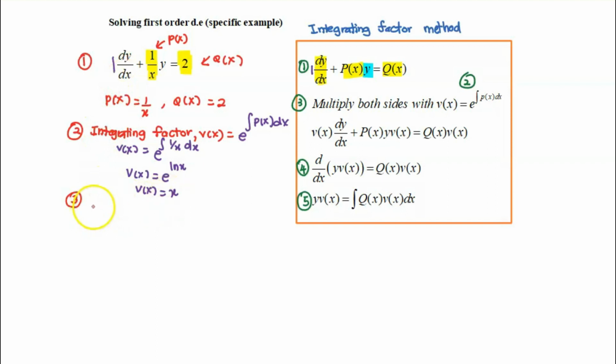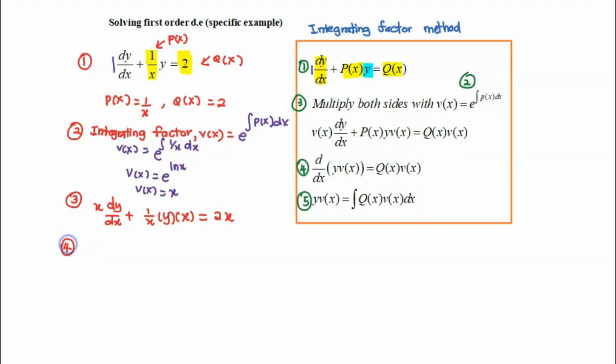So we have x times dy over dx plus 1 over x times y, where 1 over x will be multiplied with our V of x, which is x, equals the constant 2, which also needs to be multiplied with the V of x that we recently found. This is the third step.